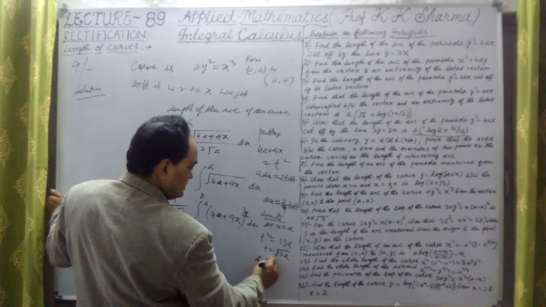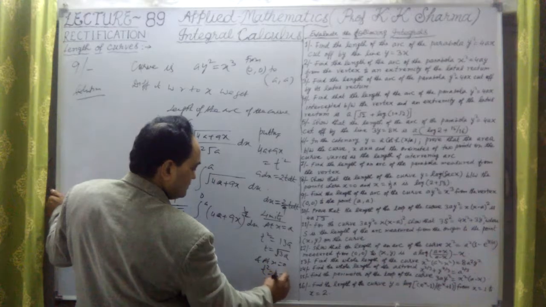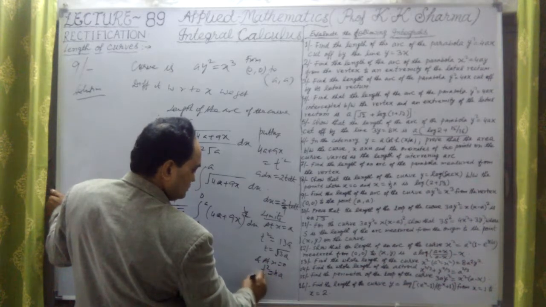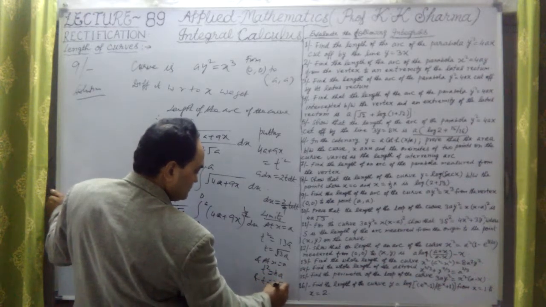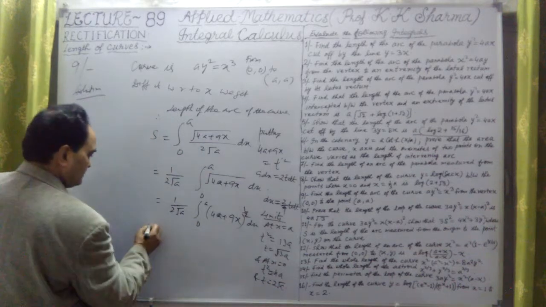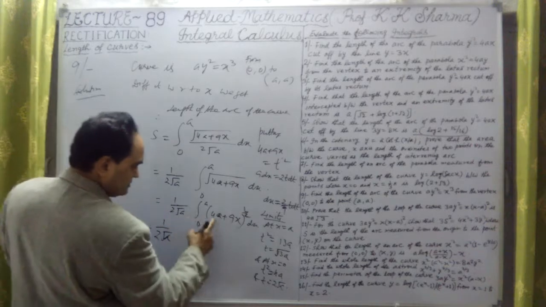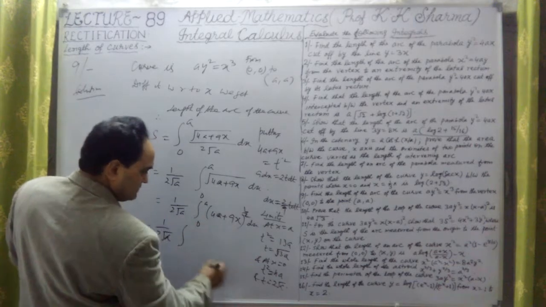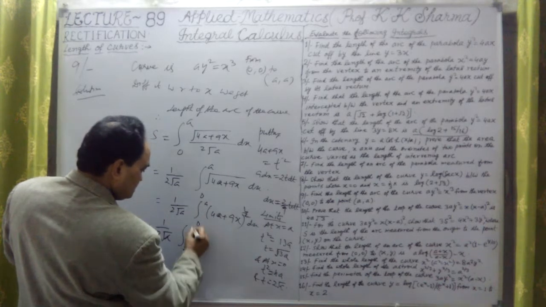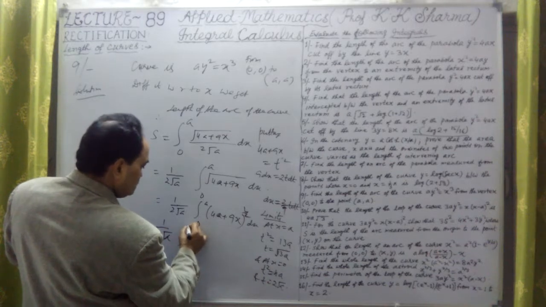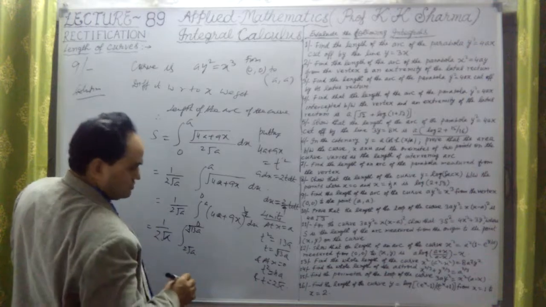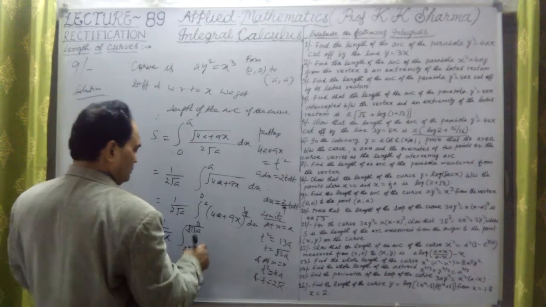At x equal to 0, t square equal to 4a, so t equals 2 under root a. Okay, so the limits are now 2 root a to under root 13a, that is under root 13 into under root a, no problem.